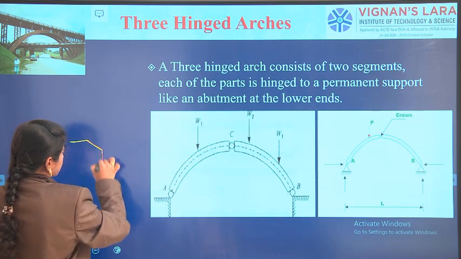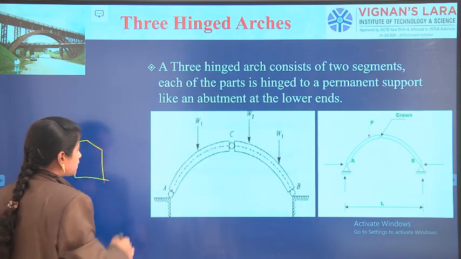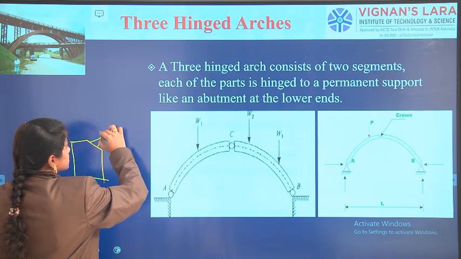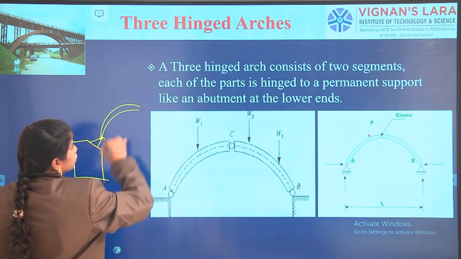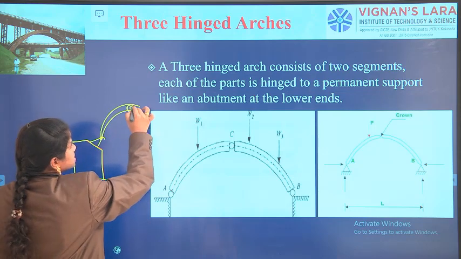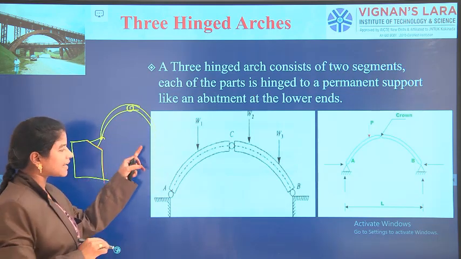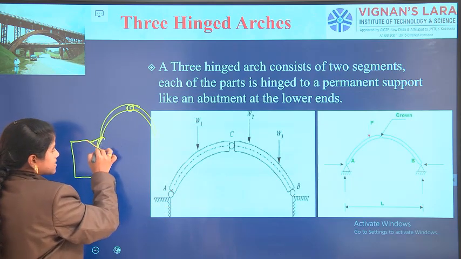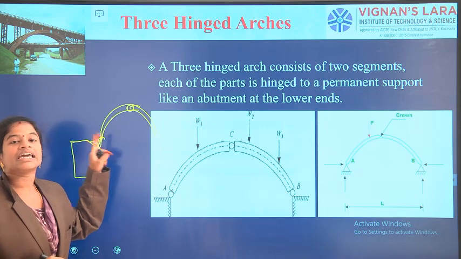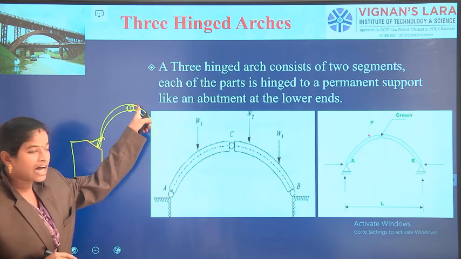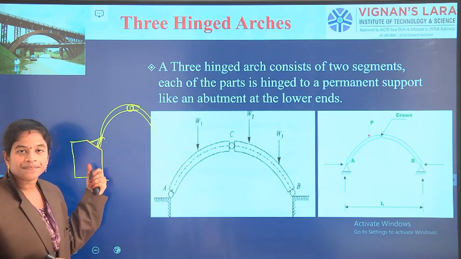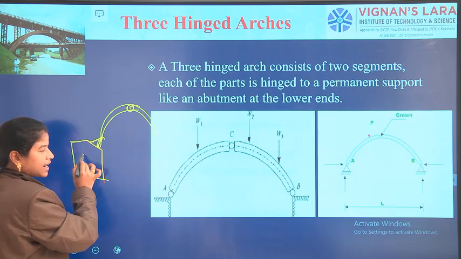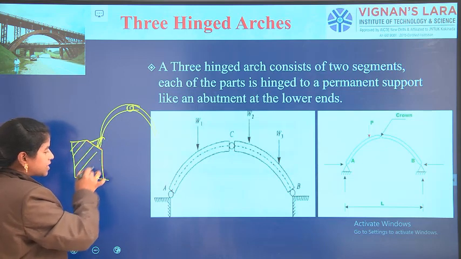We are having an abutment, and in that we are having a hinge that is being connected to that 3-hinged arch. Like this way you can observe here. This hinge is simply working as a connector for the arch and abutment, the support which is provided.